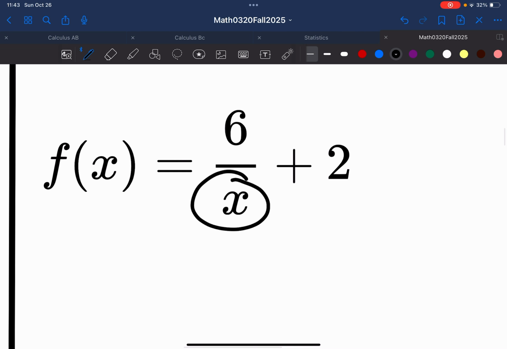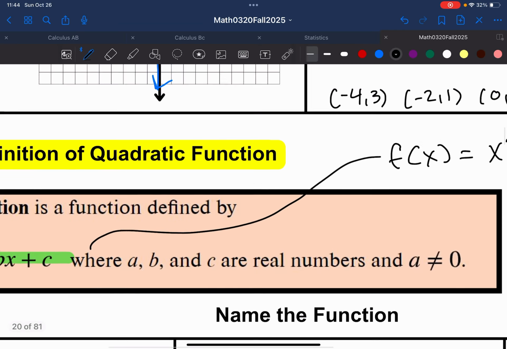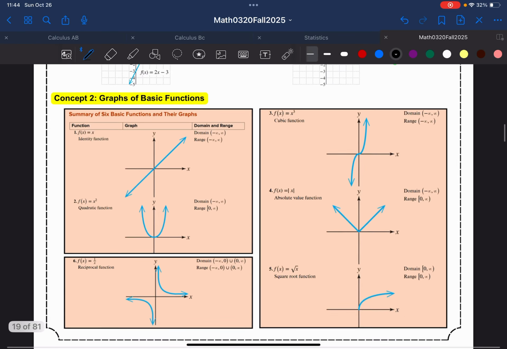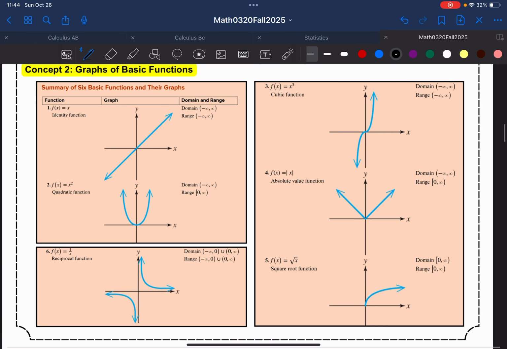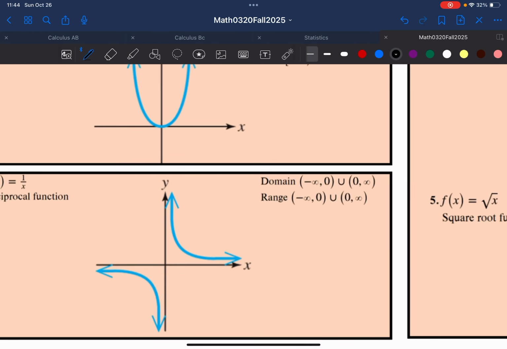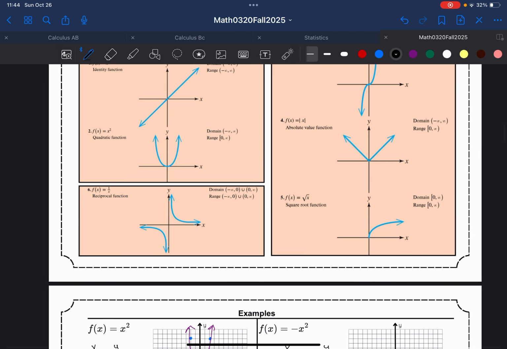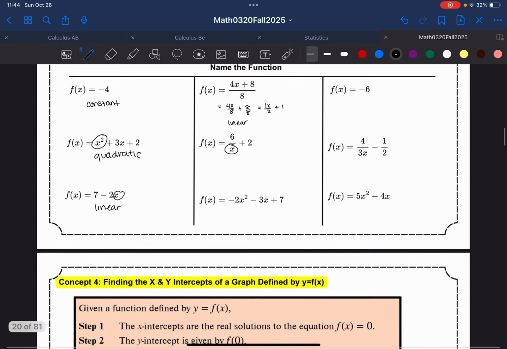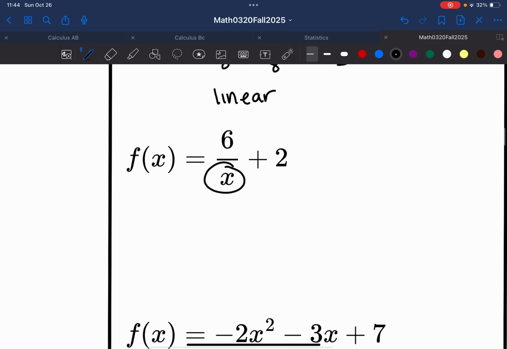Here, the x is on the bottom. And again, if we go back up and look at all of our different types, the only one where x was in the denominator was this one, the reciprocal function. So this was a reciprocal function. Okay.